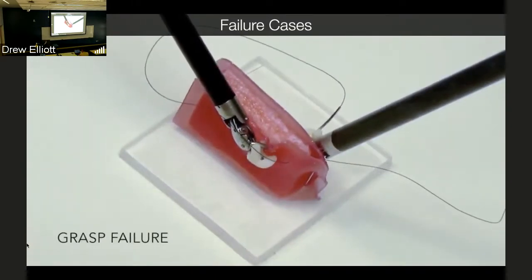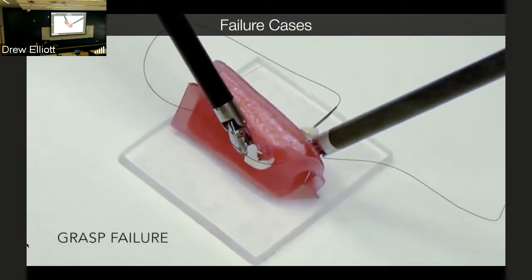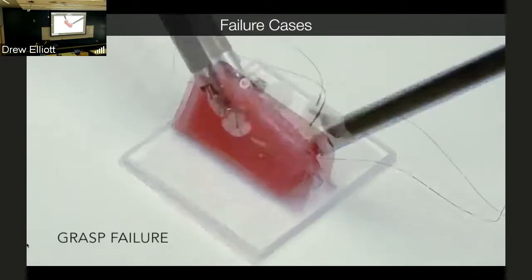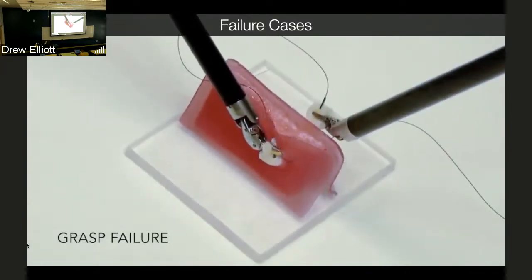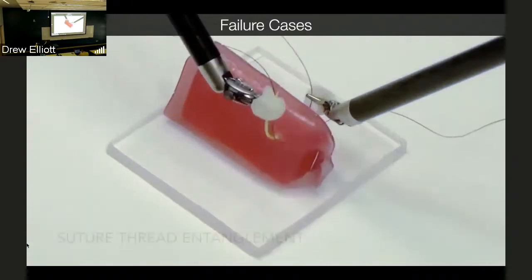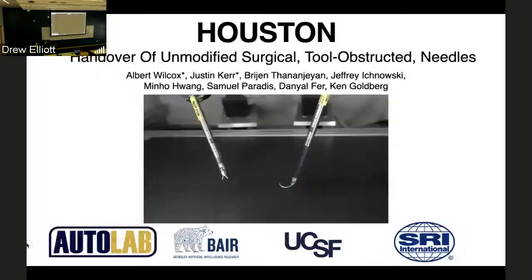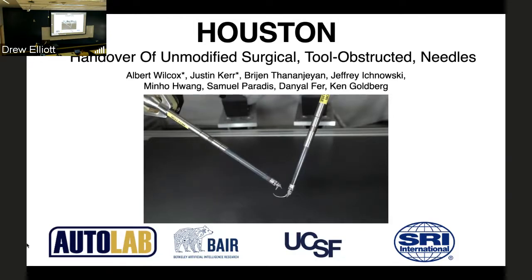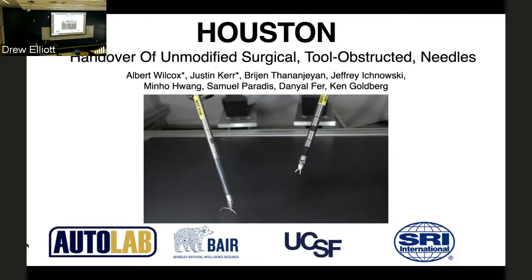We had a lot of problems with being able to hand the needle over and to acquire the needle once it's punctured the tissue. So this leads us to this new result that we call the Houston problem, slightly named after the famous Apollo 13 line, Houston, we have a problem.